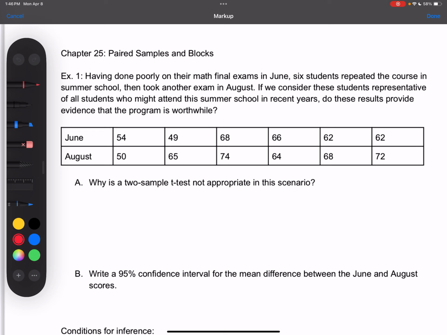So, knowing that we're ultimately going to be looking at change, I would go ahead and find the difference between them because we're going to end up needing it anyways. So, we're going to do the change for August minus June. So, what's the difference from August to June here?